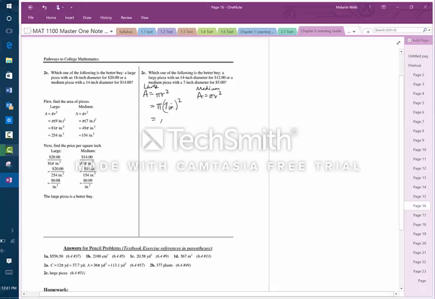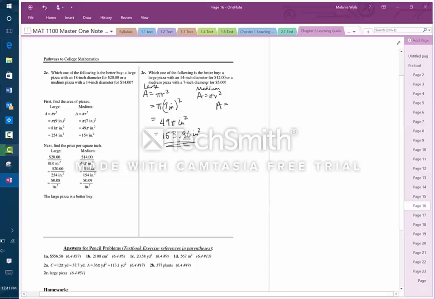Okay, which would be 49 pi square inches. And when I change that to a decimal form, it would be 153.86 square inches is the amount of pizza that you're getting in the large.